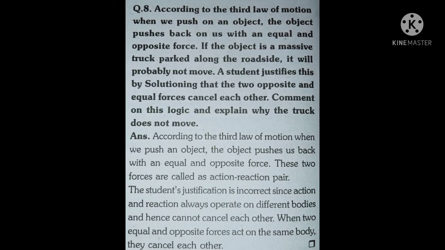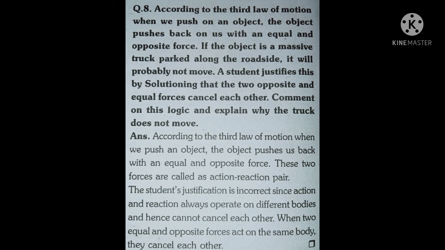According to the third law of motion, when we push on an object, the object pushes back on us with an equal and opposite force. If the object is a massive truck parked along the roadside, it will probably not move. A student justifies this by saying that the two opposite and equal forces cancel each other. Comment on this logic and explain why the truck does not move.